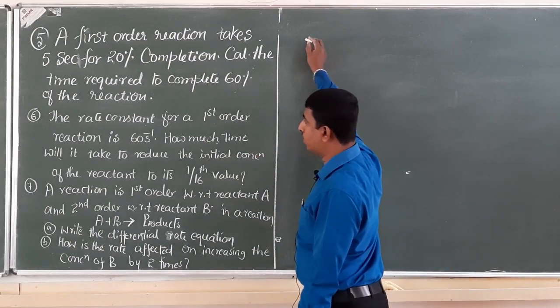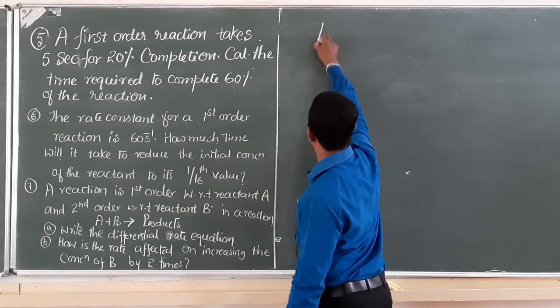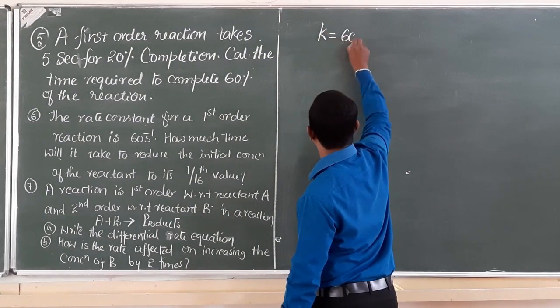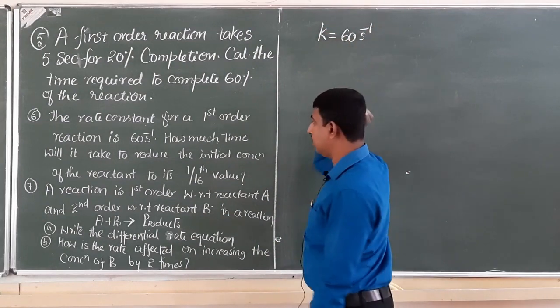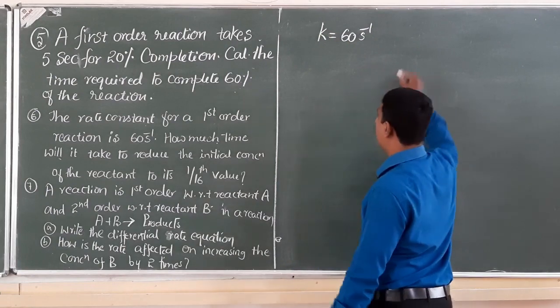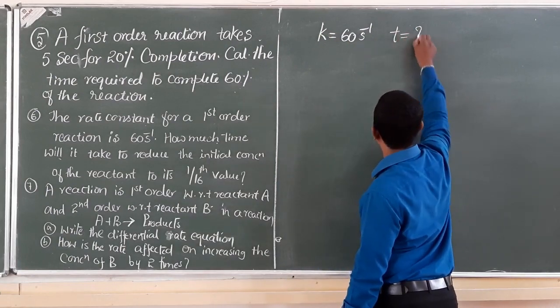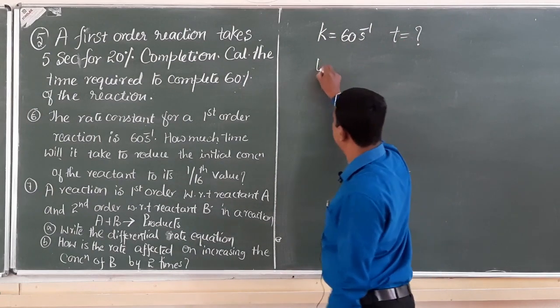What they have given is the rate constant value. The rate constant of the given reaction is 60 per second. How much time is required? So we have to calculate the value of T. I'll write the formula.